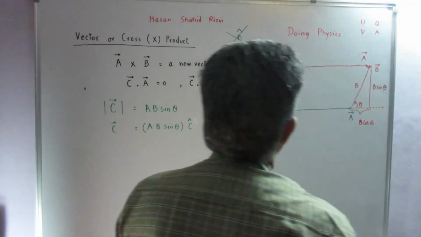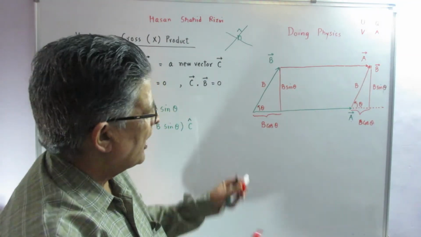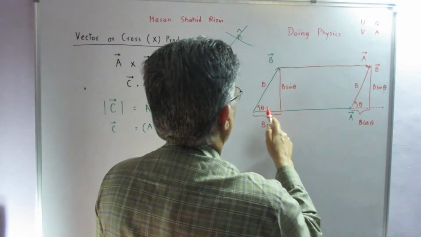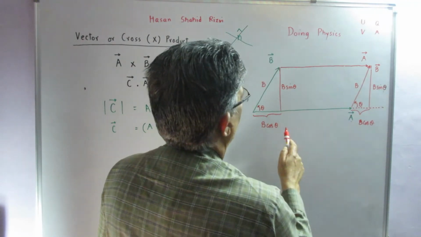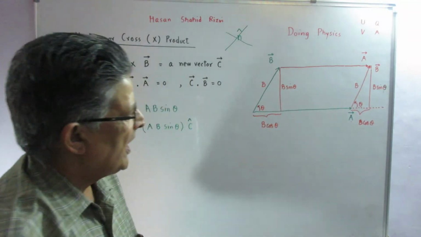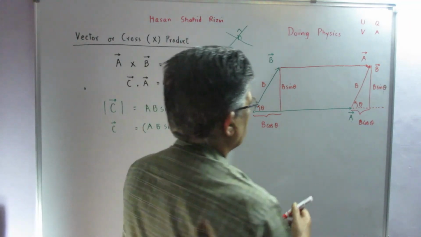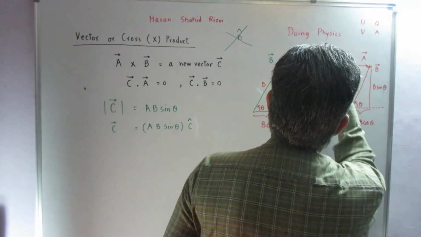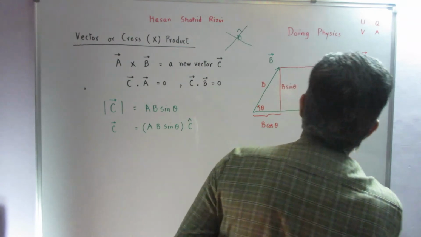These two triangles are similar triangles. This angle will be equal to this angle, and this side is equal to this side. And because this is A, you can say that this is also A.